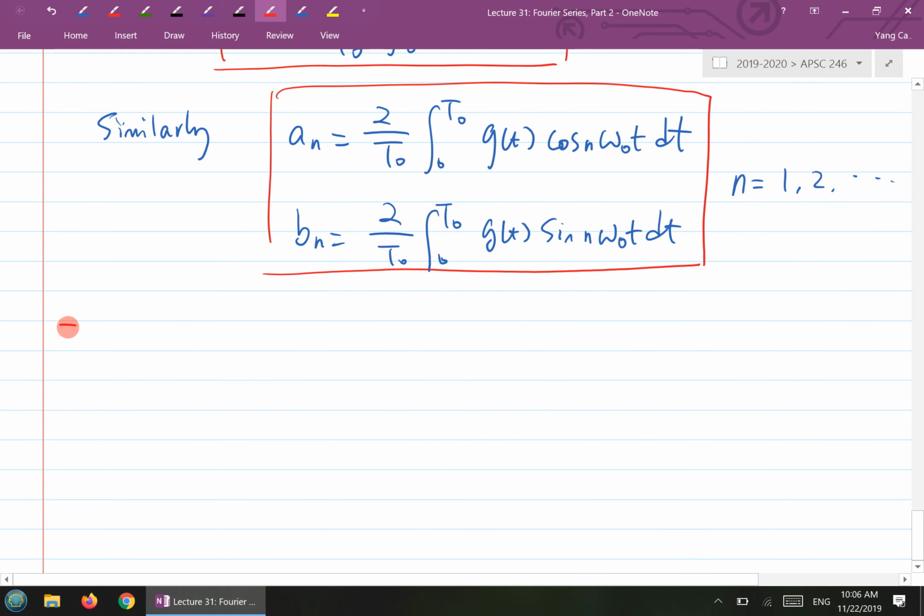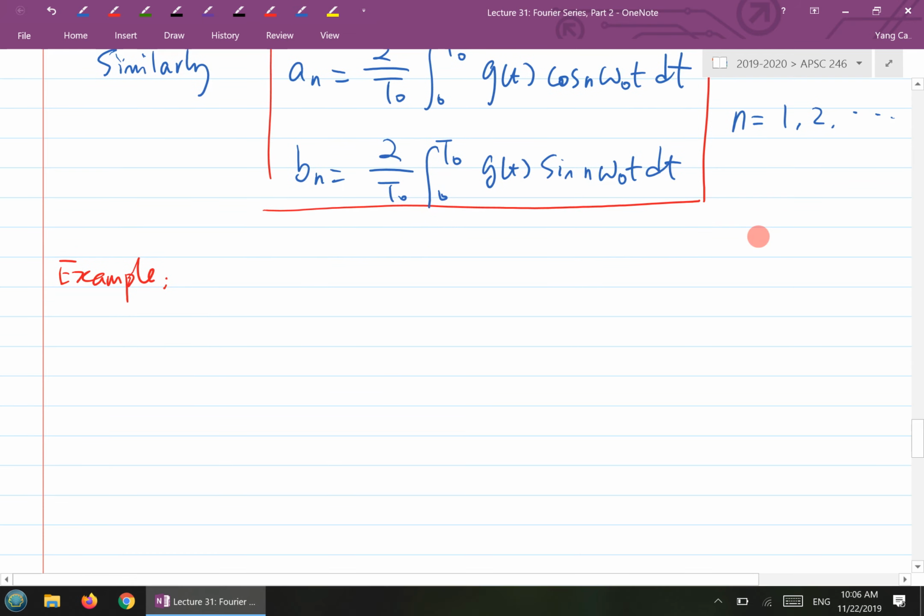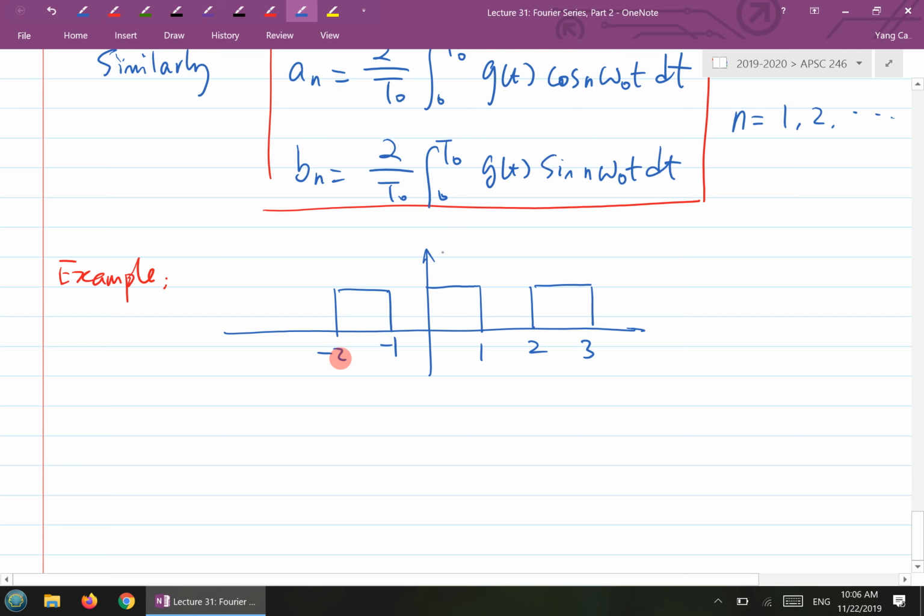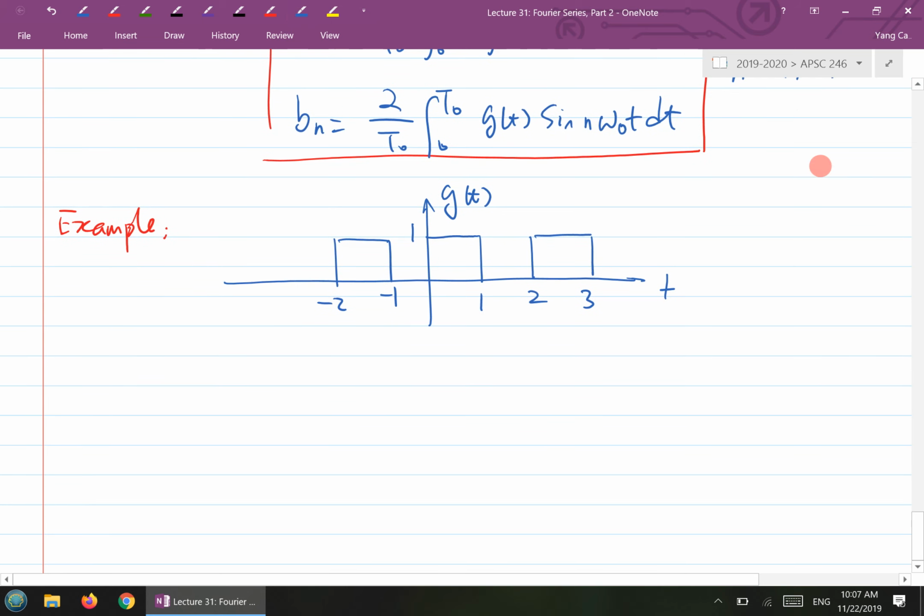Let me show you a few examples. For example, let's use that periodic function that I sketched on the top over there. Let's say this is a periodic function here, with 1 over here, and I want you to find the Fourier series for this function.